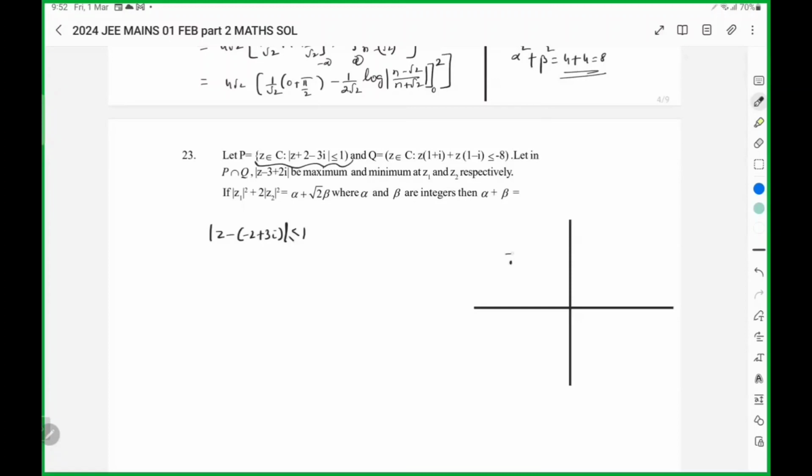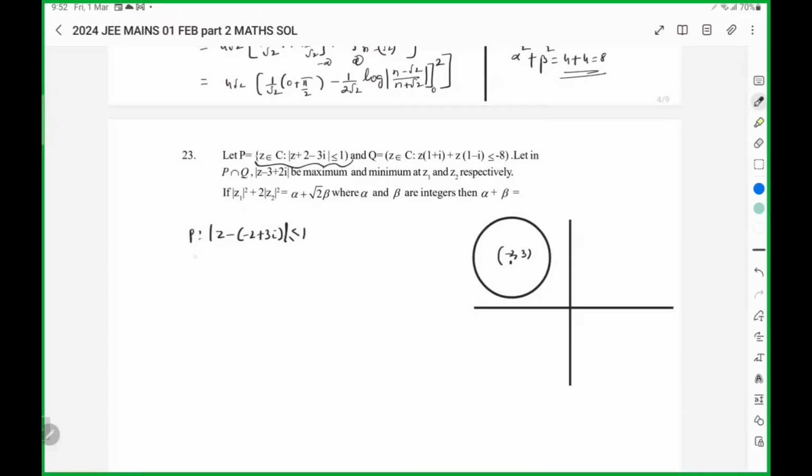Center is minus 2 comma 3, radius is 1 unit. Right. So it's a unit circle having center minus 2 comma 3.